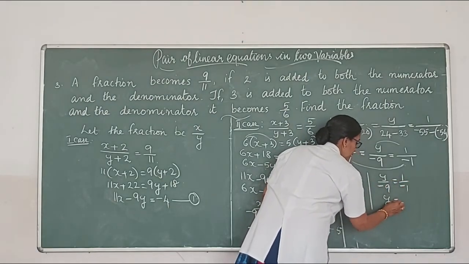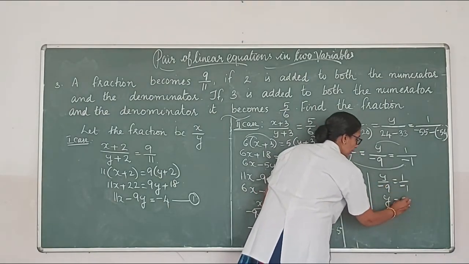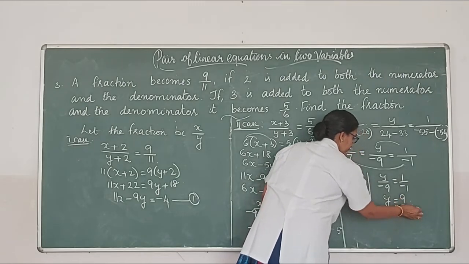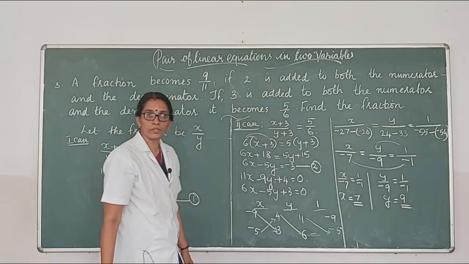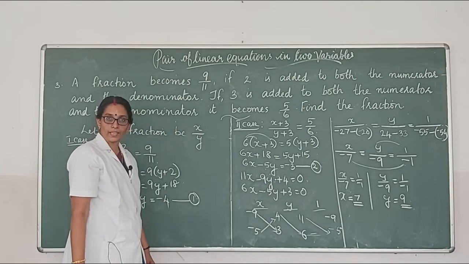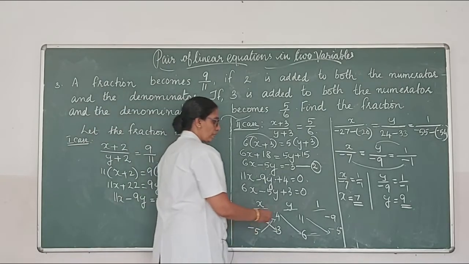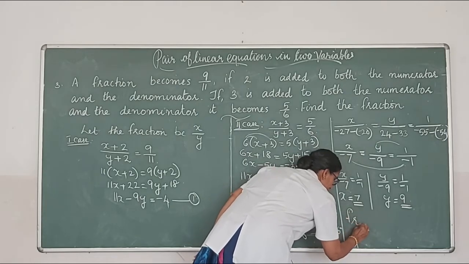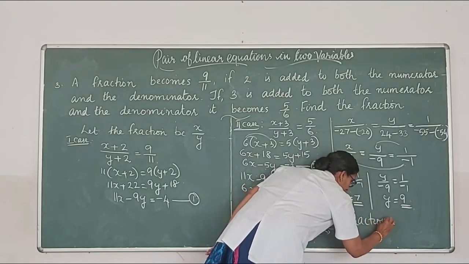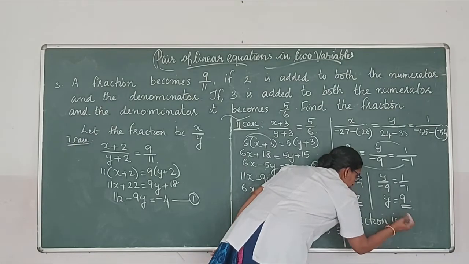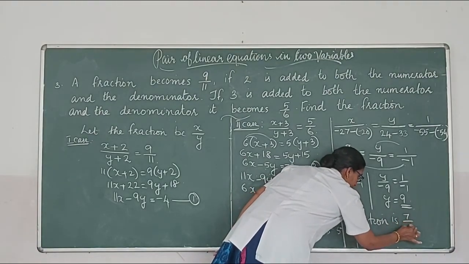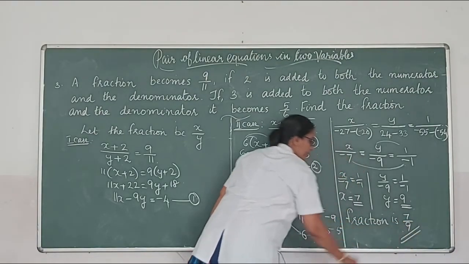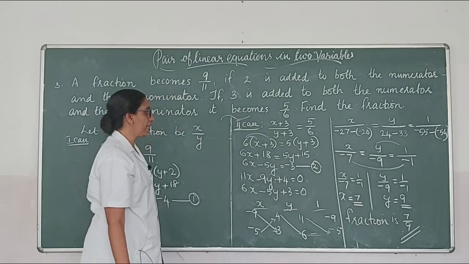So, y equals minus 9 by minus 1, it is 9. So, we got the values of x and y. The required fraction is x by y, that is 7 by 9. The fraction is 7 by 9.